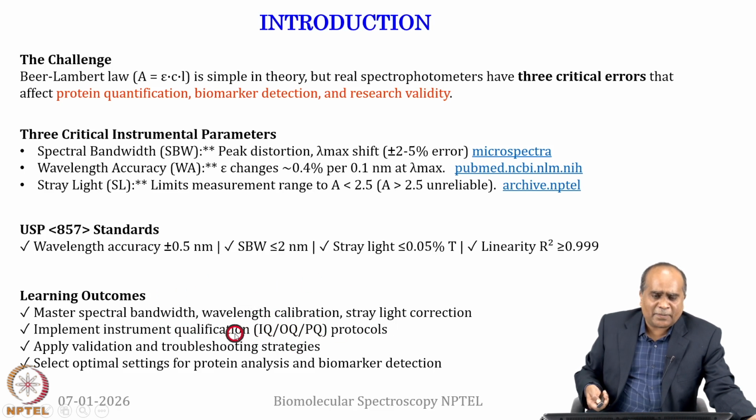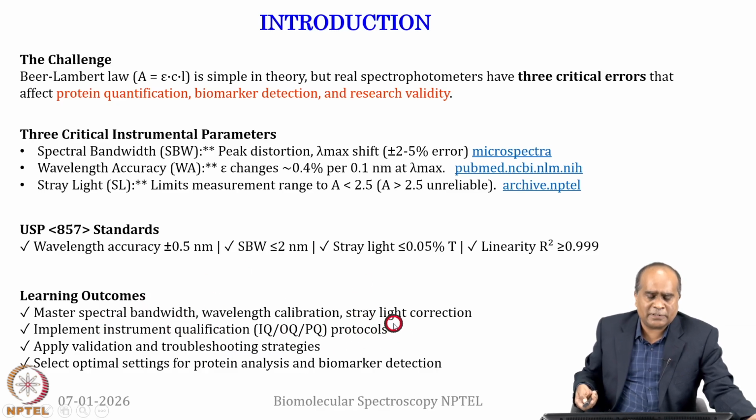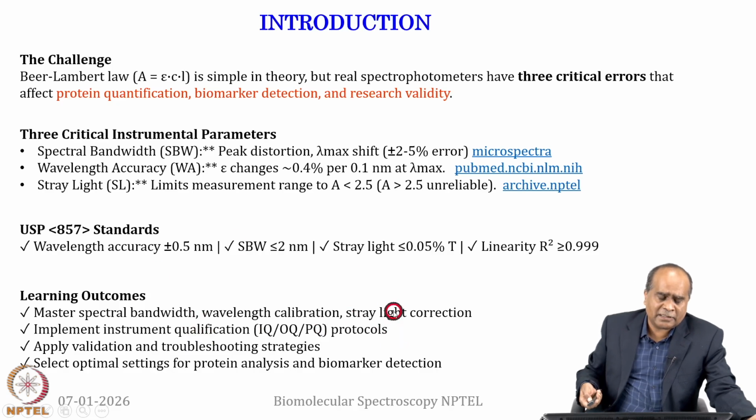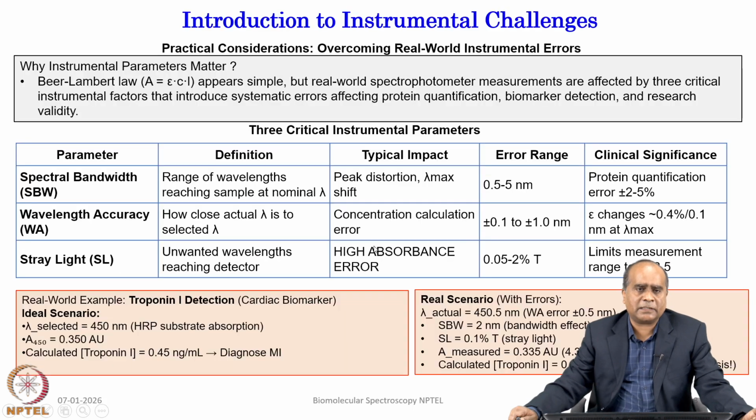In an academic setup generally we do not care about these, but in an industrial setup this is of paramount importance. Each instrument that we obtain has to go through qualification, and that has to be done periodically. Then you apply the validation and troubleshooting strategy if something is wrong or calibration is not there, and learn how to select the optimal settings for protein analysis and biomarker detection.